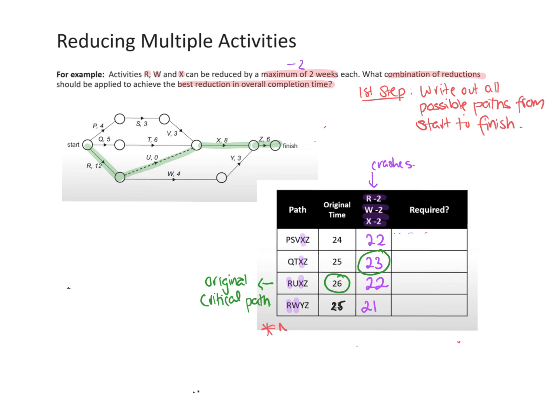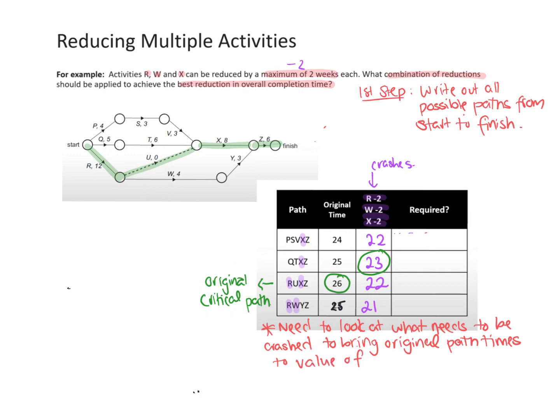So we need to look at what needs to be crashed or done to bring original path times to the value of new critical path.